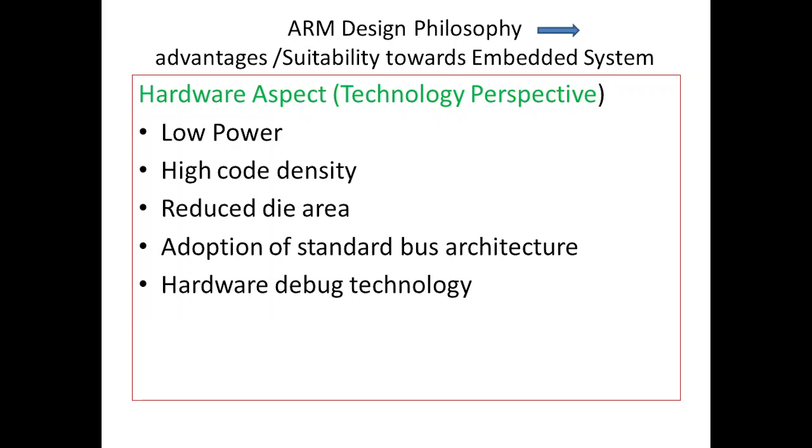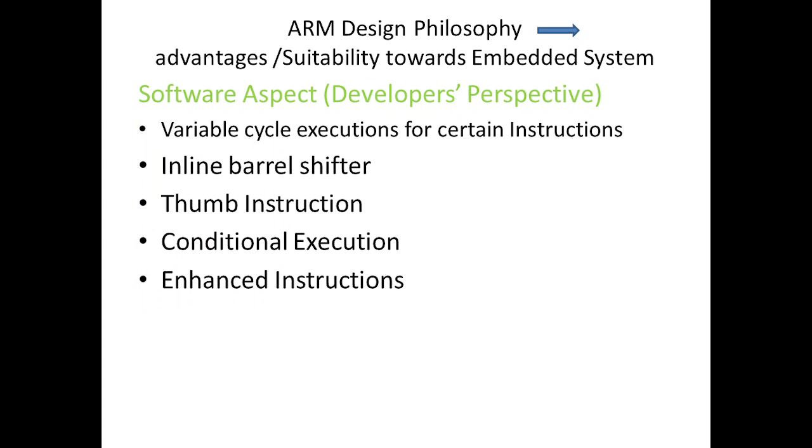So these are some advantages of ARM. Under software development, we have the software available, and the Thumb instruction, conditional execution, enhanced instructions, and inline barrel shifter. So these are some software developer aspects which are available.